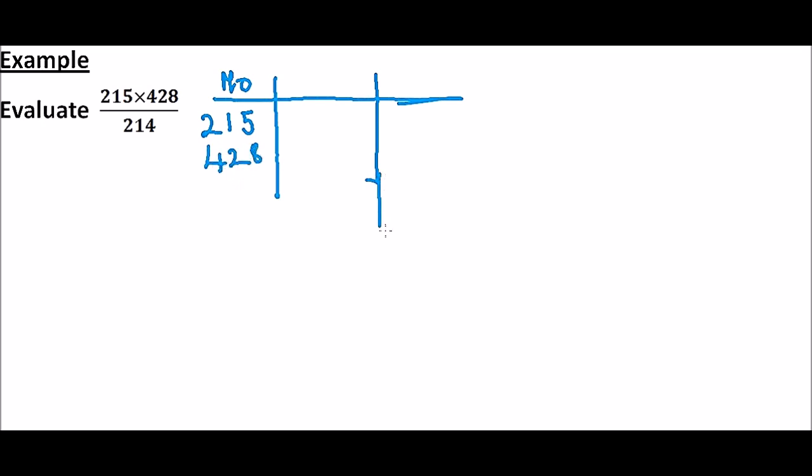But note these two numbers we are multiplying, then we divide the product by 214. So you put a line there. So the standard form is 2.15 multiplied by 10 to power 2. This is 4.28 multiplied by 10 to power 2.